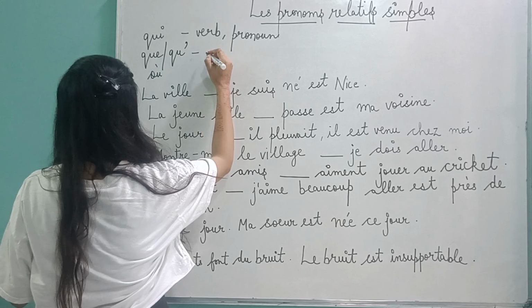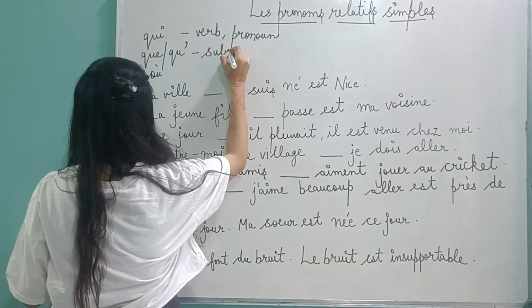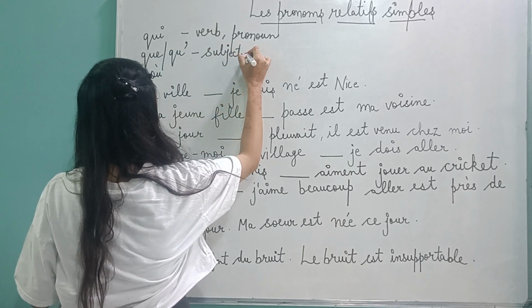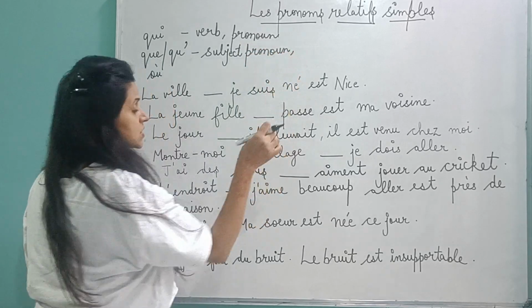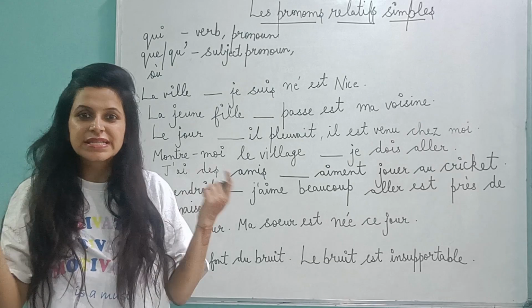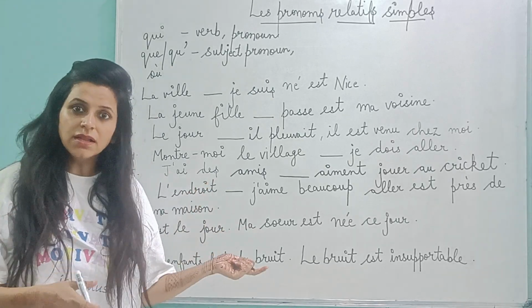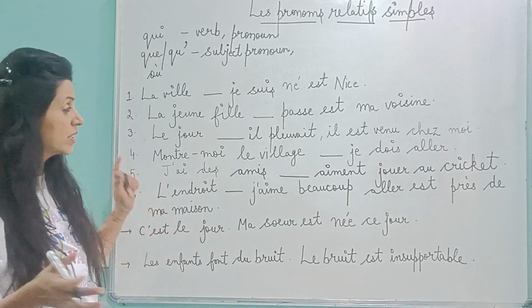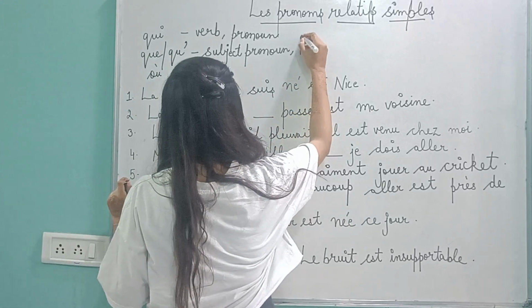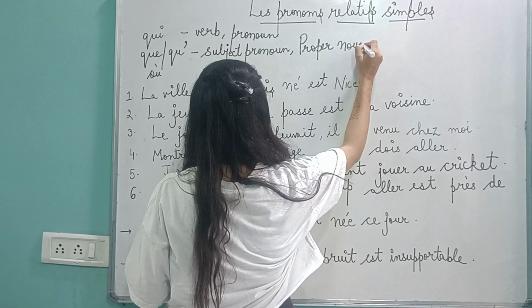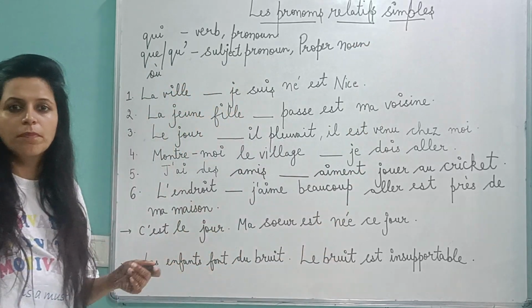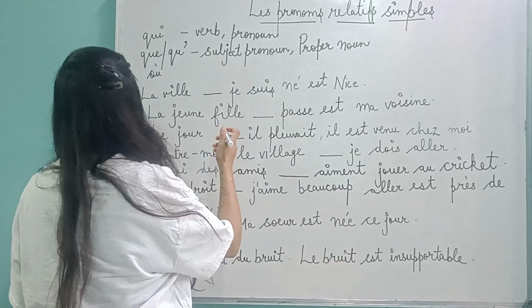Que, you need to have a subject pronoun, okay, je, tu, il, elle, or if il is not there, someone's name is there. Instead of il, we are writing Peter, so it is one and the same thing. So I'm going to write here proper noun. That means someone's name is there. Proper noun or les enfants, père, mère, okay.